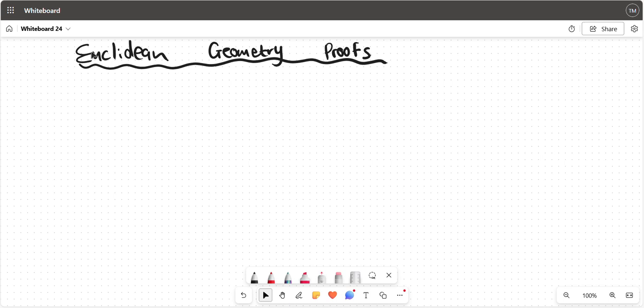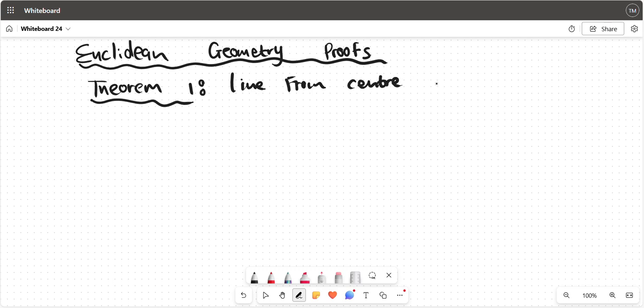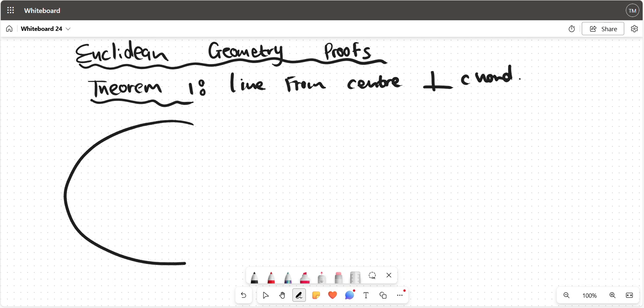So the first theorem that you would have worked with, theorem 1, is this whole idea of a line from center that is perpendicular to a chord. Right, let me draw it. There's my circle.